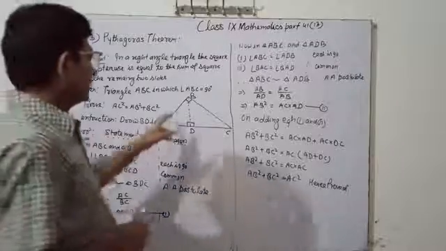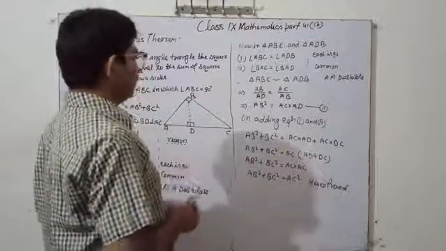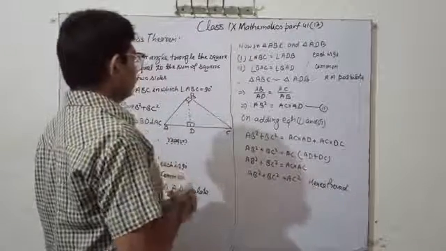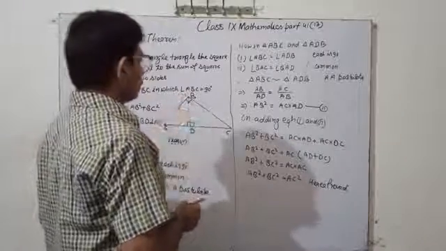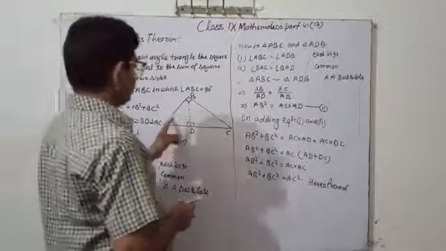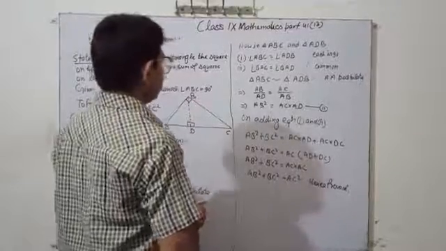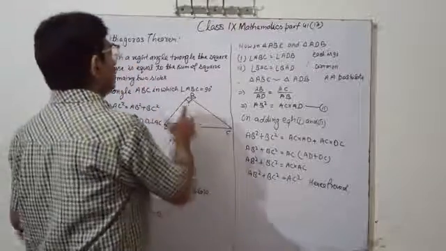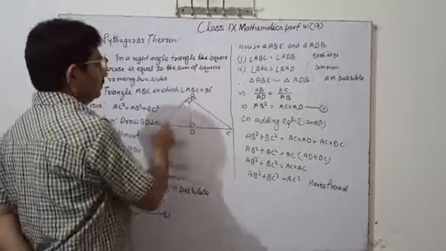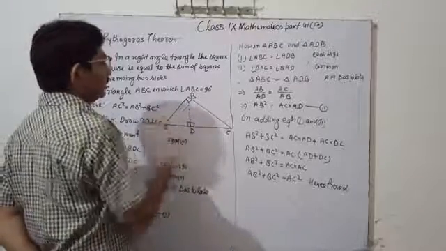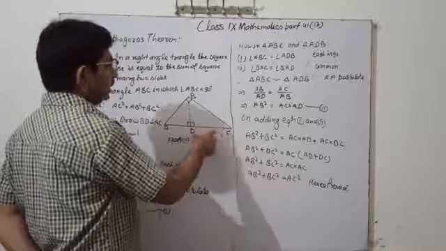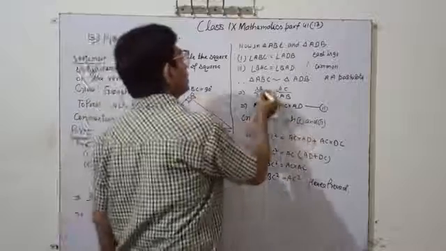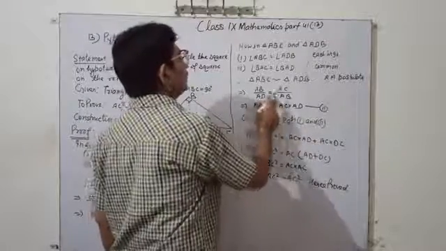So AB by AD equal to AC by AB. Therefore, cross multiplication, AB square equal to AC into AD.